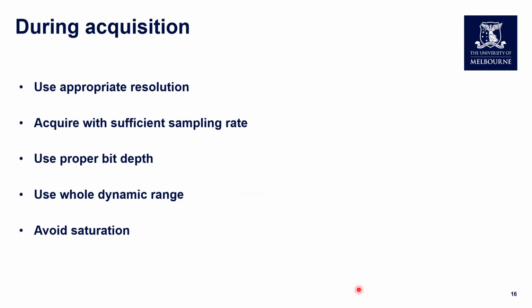Some of them may slightly overlap with our previous lecture, but I put them here because these are really important. Essentially, you will need to use appropriate resolution and acquire with sufficient sampling rates, and also use proper bit depth, use the whole dynamic range, and avoid saturation. So I'll go through them one by one on the following slides.